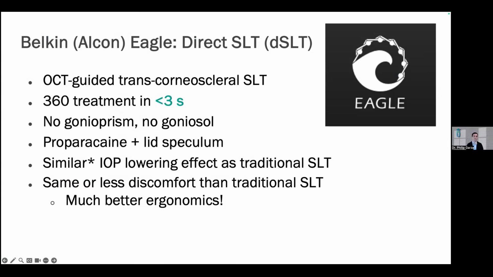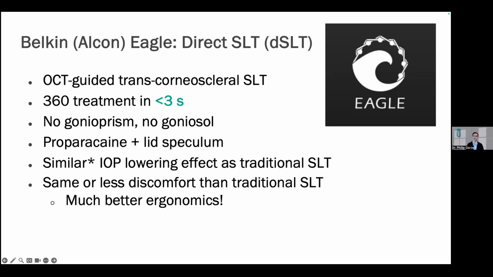All you need to do is put proparacaine in the eye and a lid speculum. And it does produce a similar IOP lowering effect as the more difficult to administer traditional SLT. There is the same or less discomfort than traditional SLT, and certainly better ergonomics for the patient and the provider.